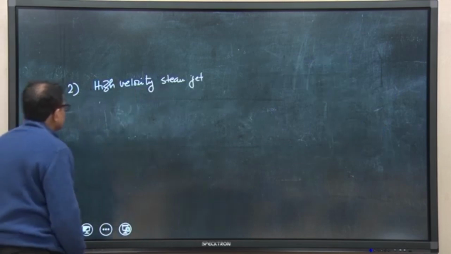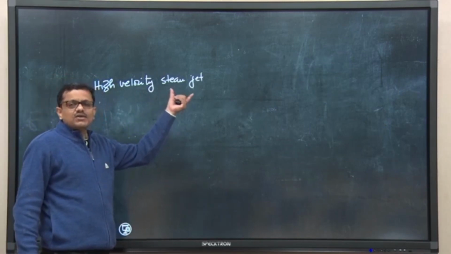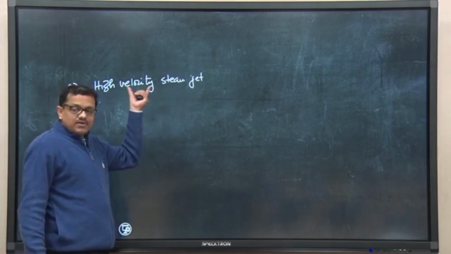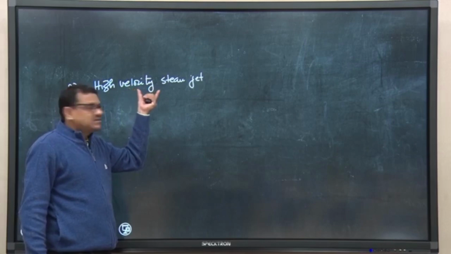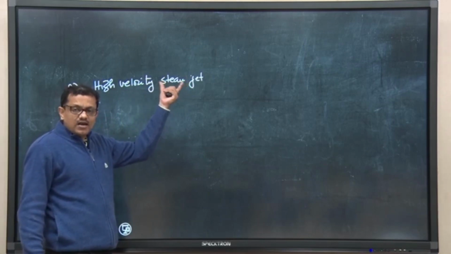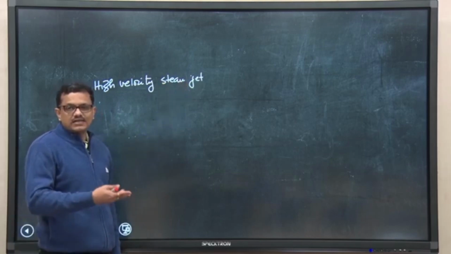Now, that means we are also going to get steam at the exit of the nozzle, and since the velocity of the steam will be increased, now we are writing steam jet. So, steam will come out of the nozzle in the form of a jet.